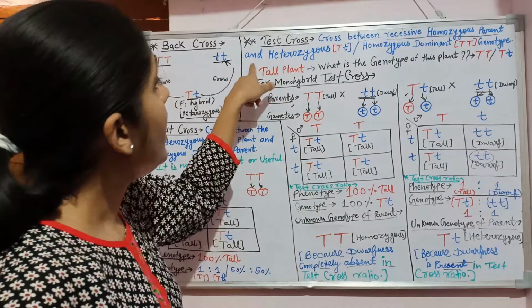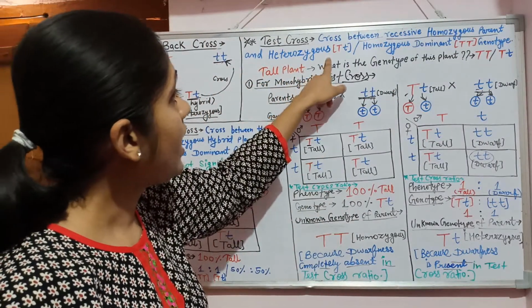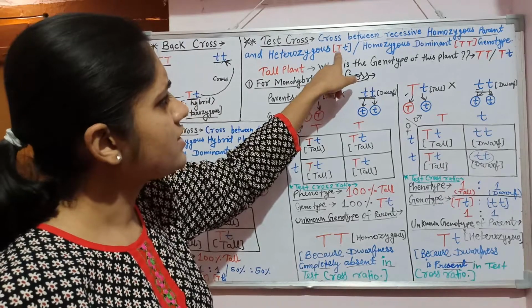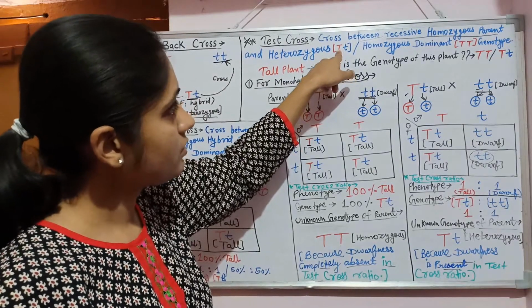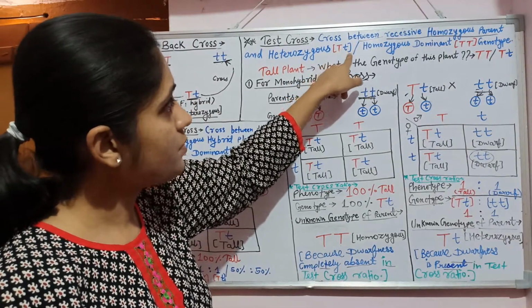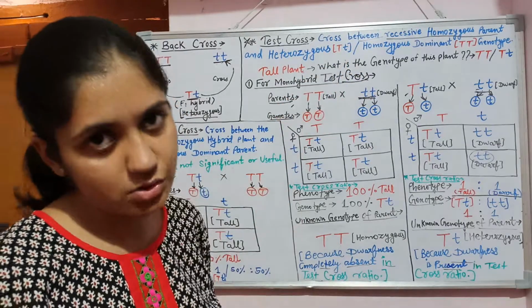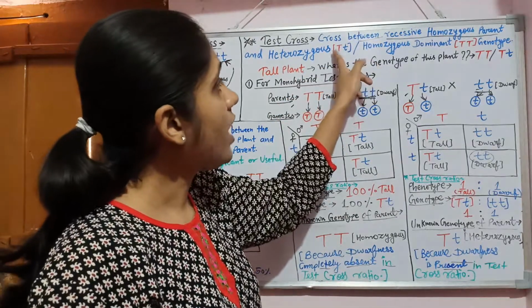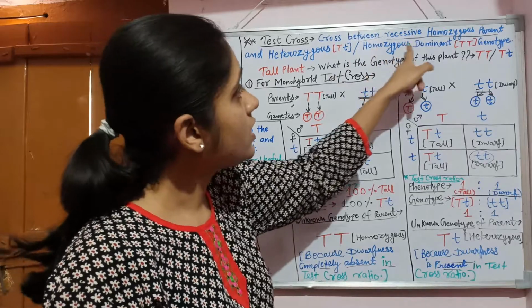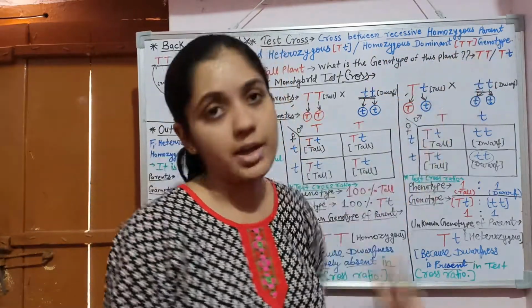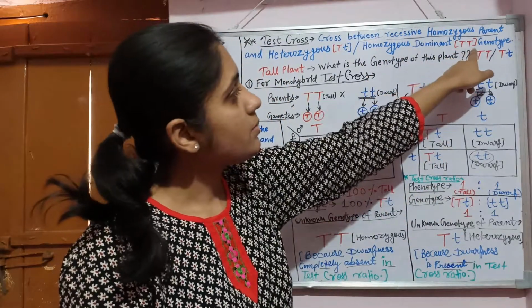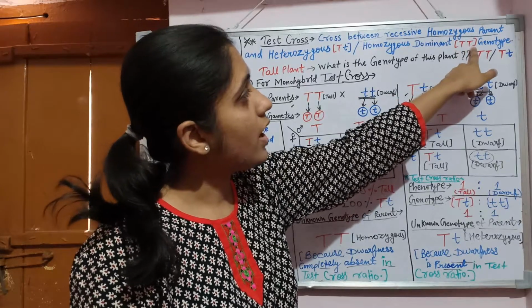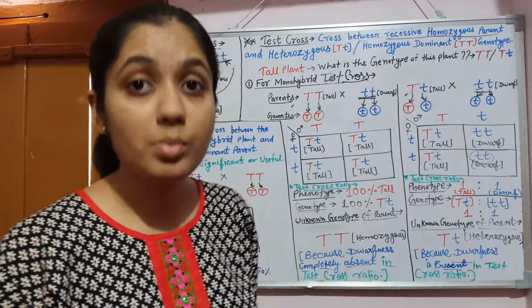And the heterozygous, meaning capital T small t, is the heterozygous genotype. Both alleles are of different types. The homozygous dominant genotype means both alleles are the same, and both represent tallness, the dominant character.